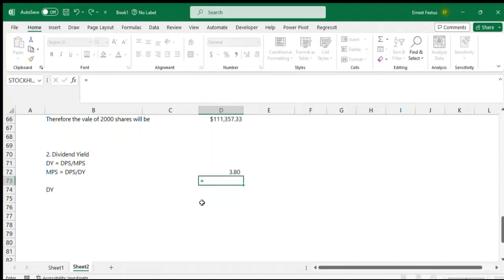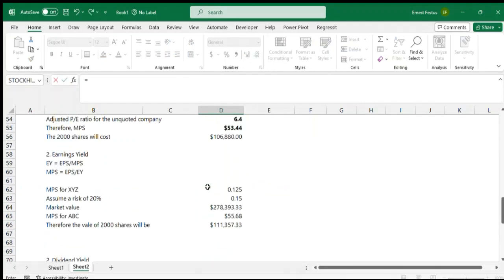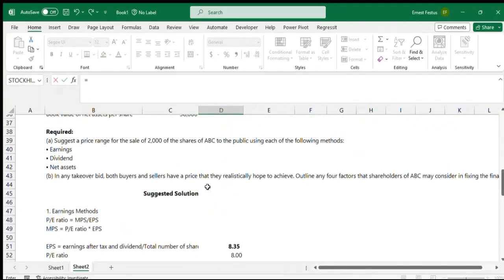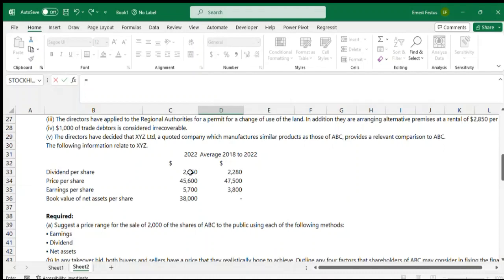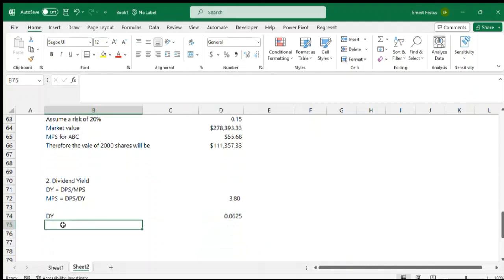So I'll type equals, take my dividend per share, and divide it by the market price per share, and we have this. But since this is for the quoted company, for us to use it for the unquoted company, we will assume the risk of 20%.